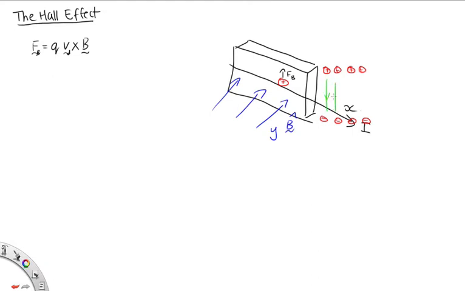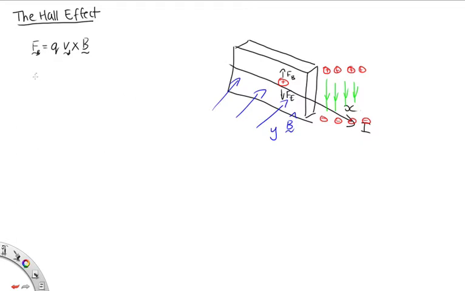So the electric field will be going like this inside the metal here. That's going to cause this positive charge to feel an electric force downwards. So this will be Fe. And these charges will keep responding to these forces until the forces reach equilibrium, so until there is no overall force on the particle.